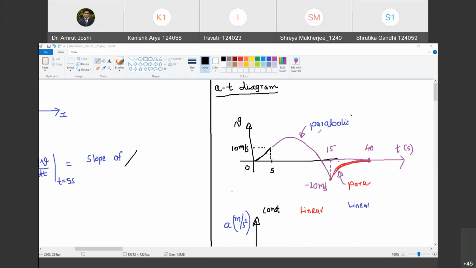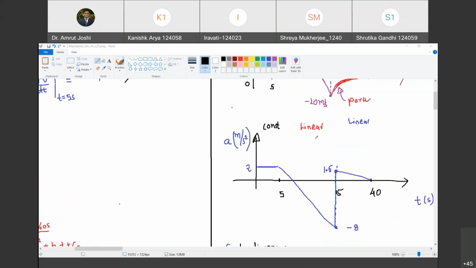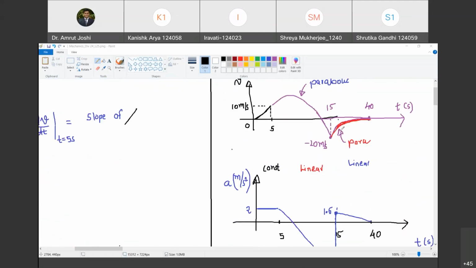Now, if the velocity time diagram is parabolic, that means it is the second power of t. So what will be the nature of the acceleration time diagram obtained by differentiating it? Linear. Yes, sir. t to the power 1. So it is going to be linear. And even in the third zone, 15 to 40 seconds, it is going to be linear. Do you agree with me? Yes, sir.